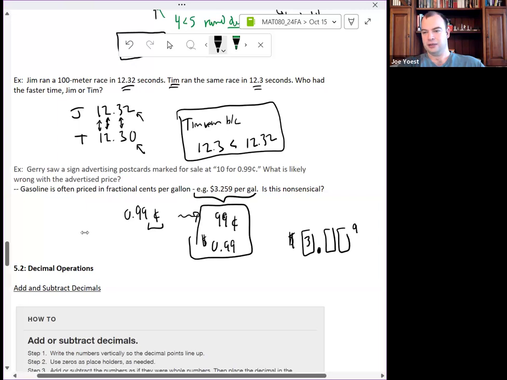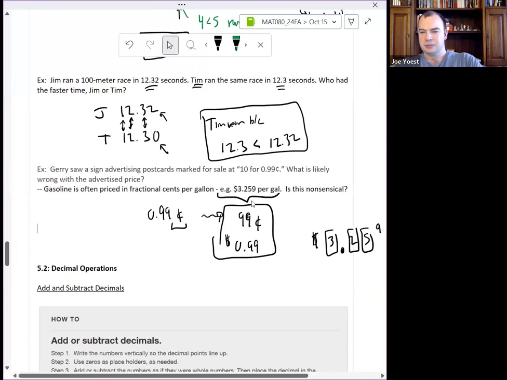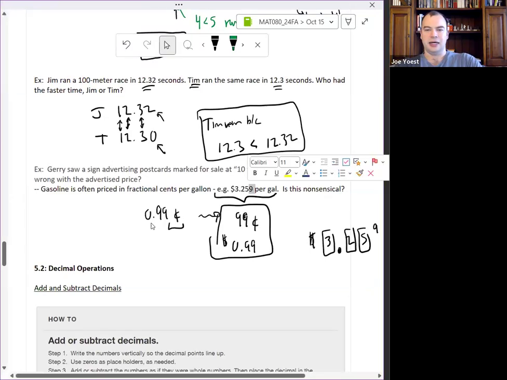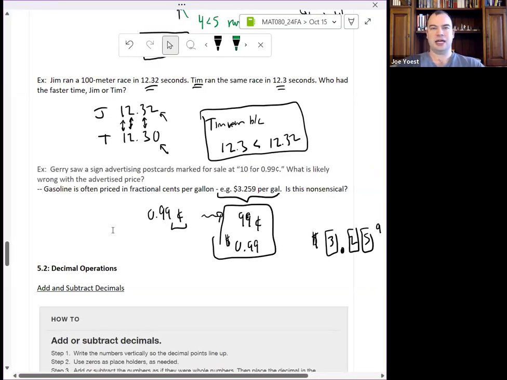So it might say 325. Those are the numbers they put up either electronically or by hand. And this is really saying it's $3.259 per gallon. But I can't pay them 9/10 of a cent if I buy exactly 1 gallon.